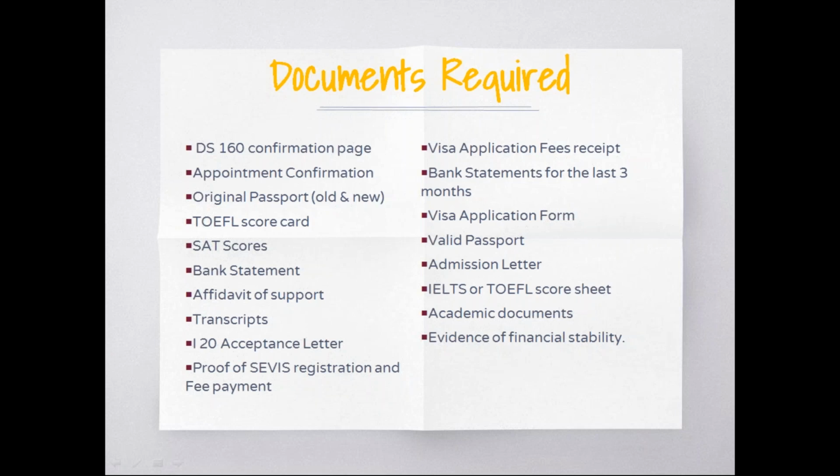While you're applying for your visa, it is then that you will be requiring these documents: a DS-160 confirmation page, an appointment confirmation page, original passport, TOEFL scores, SAT or even ACT scores, bank statement, affidavit of support, transcripts, that is all your mark sheets, I-20 acceptance letter, proof of service registration and fee payment, visa application fee receipt, bank statements for the last 3 months, visa application form, valid passport, admission letter, academic documents, and evidence of financial stability.